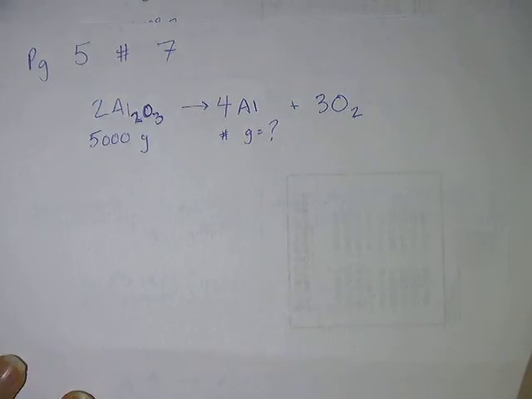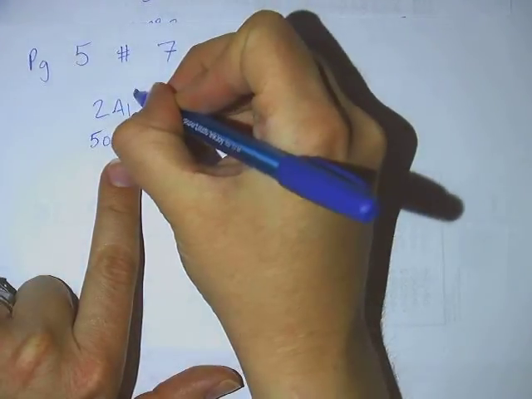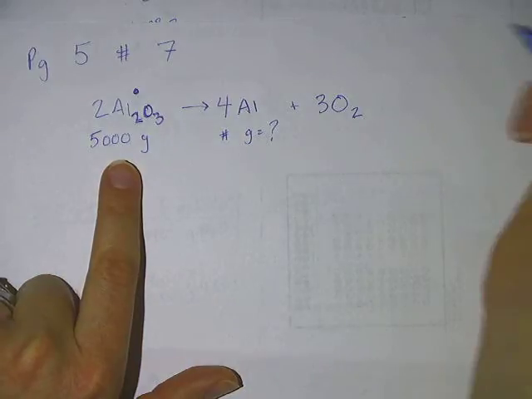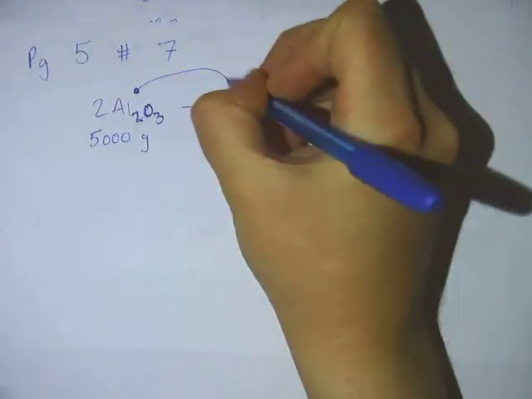Where do I start my bridge? It's not a trick question. The Al2O3, wherever they gave me a number, here's the number they gave me, that's where I'm going to start. And it's going to point where? The aluminum, yes.